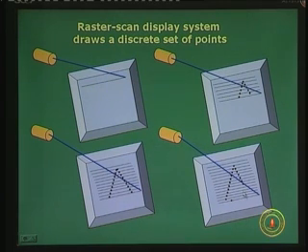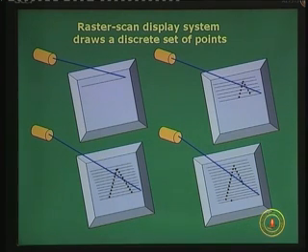Otherwise, for a simple picture which consists of 2 or 3 lines, the beam is essentially switched off for the majority part of the scan for the entire frame. It is only switched on at 1 or 2 occasions or 1 or 2 points within a line. So, that is an important part of point based drawing for a raster scan display system.